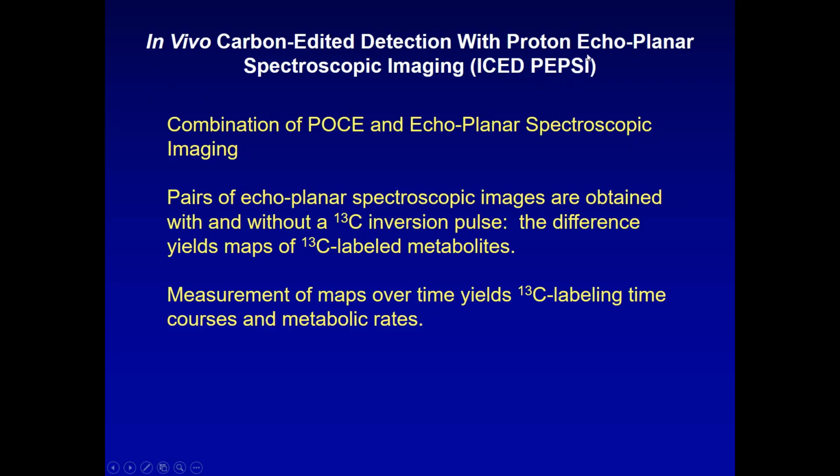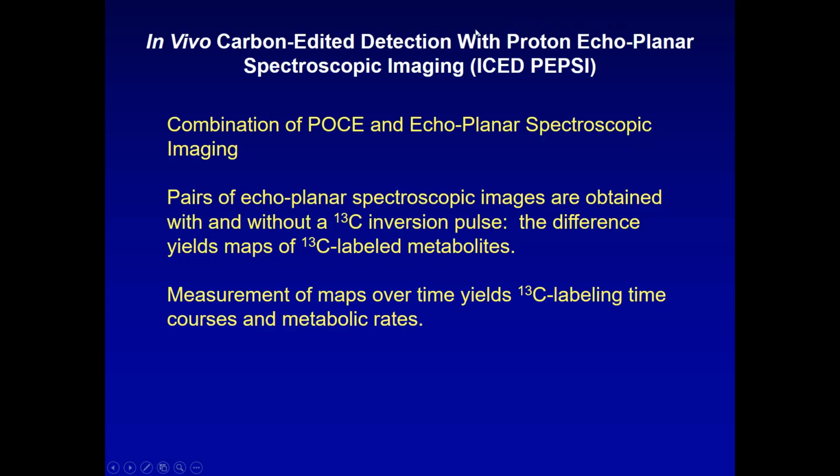So echoplanar imaging, you use it for functional imaging. It's a very fast way to cover k-space and get images quickly. You can do also spectroscopic imaging, mapping of chemicals with echoplanar spectroscopic imaging. And you can do that in the proton domain.